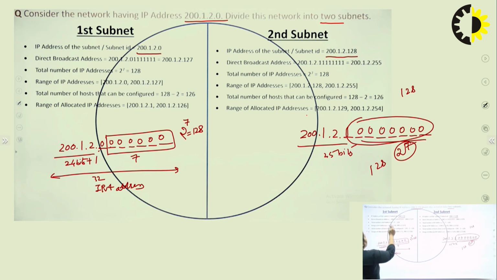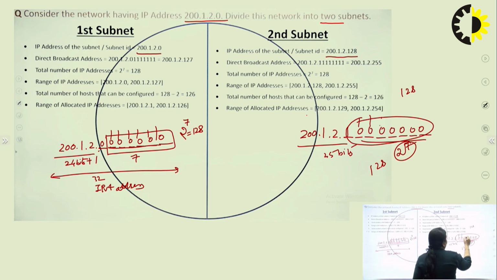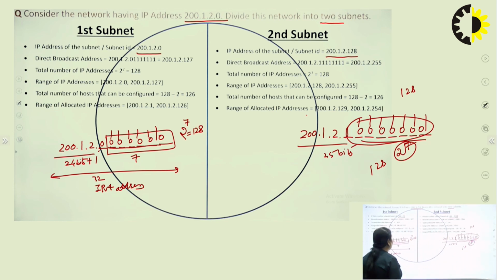Now what would be the last address? The last address would be when you put all the 7 bits to 1. Here also, the last address would be when you put all the 7 bits to 1. So 2 to the power 7, total 128. When you put all 7 bits to 1, it would be 127.